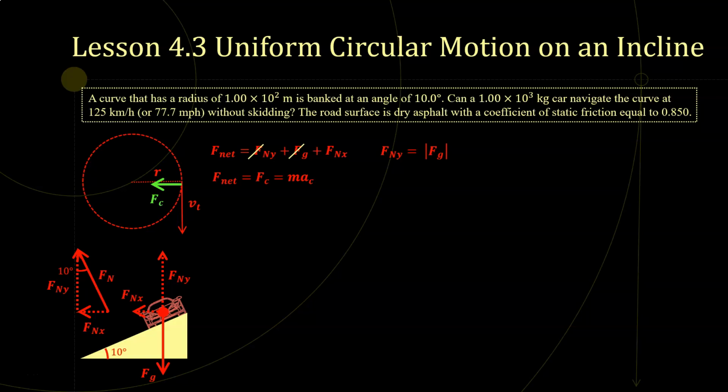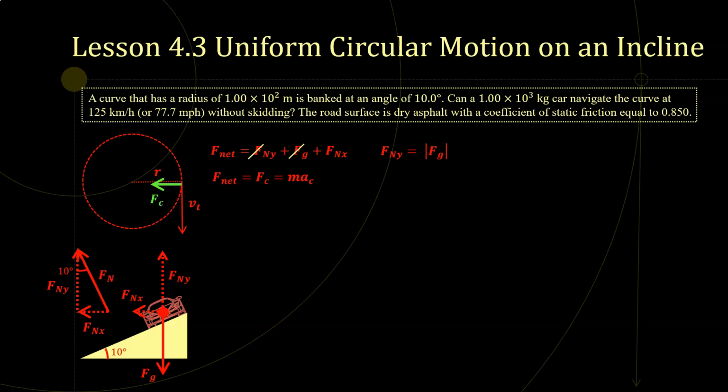There's nothing really special about this problem that made me do it this way. I just want to point out you can note that the magnitudes of two vectors are equal by putting an absolute value sign on both vectors, or at the very least putting it on the vector you know is normally going to be negative. So all I'm saying is that the magnitude of the normal force y vector pointing up is equal to the gravitation vector pointing down.